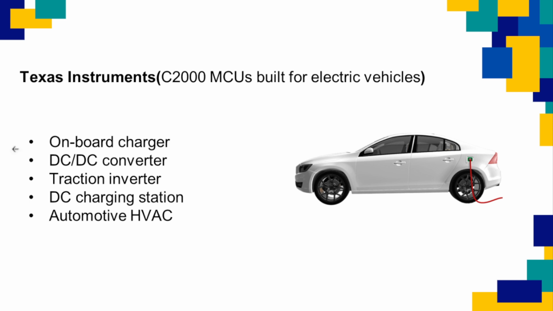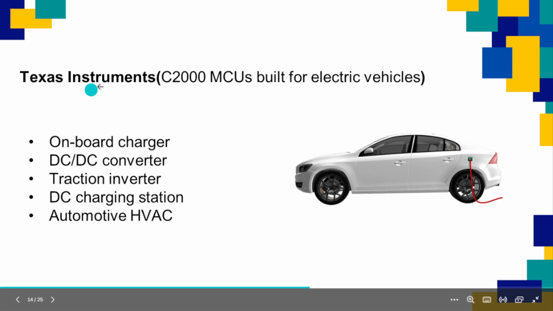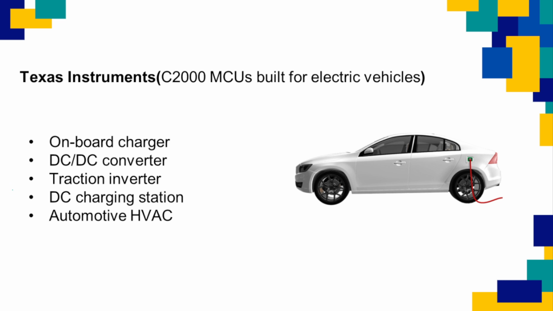Next, the C2000 microcontroller is used in motor control applications, which are very crucial for an EV propulsion system. It provides dedicated peripherals such as pulse width modulation modules, high resolution ADC and position sensing interfaces, specifically designed for precise motor control. These are all very popular microcontrollers from Texas Instruments, especially for making electric vehicles.